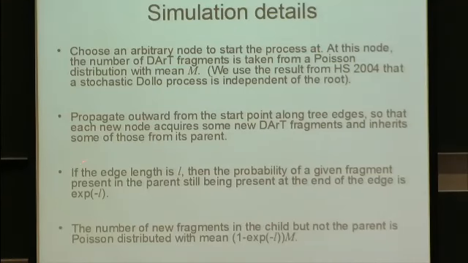So we just simulate our way down. Okay, I was wrong about the parameterization, but I have it here. The edge length is L, the probability a given fragment survives that edge is exponential minus L, and then we'll have some new number of fragments. What this procedure does is mean that the mean number of fragments anywhere you look in the tree is a constant n.